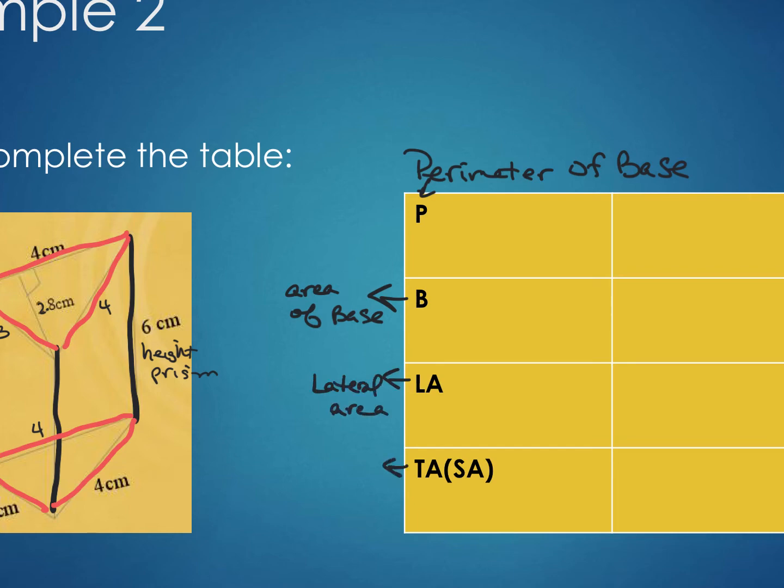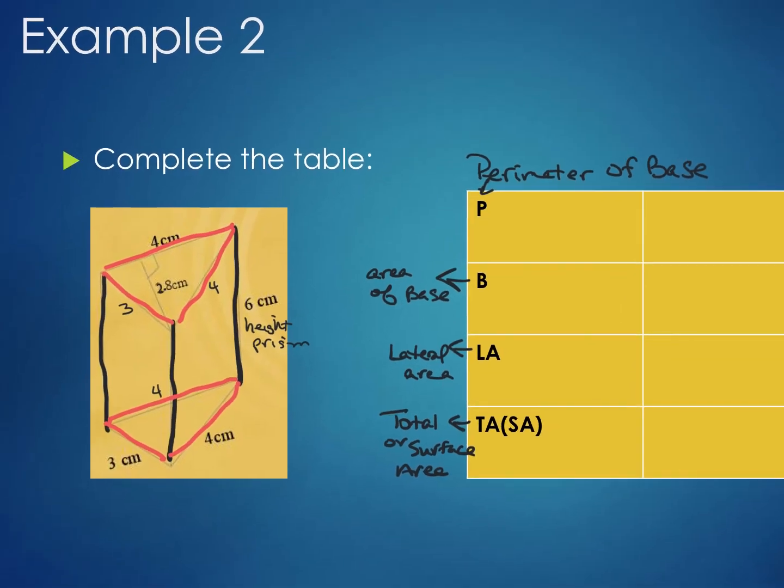And then the TA or SA, total or surface area, is what we're going to be calculating in these 2 boxes. So for perimeter, all I need to do is add up all the sides of that triangle. So I'm going to be adding 3 plus 4 plus 4, and it's 11 centimeters for the perimeter of the base.